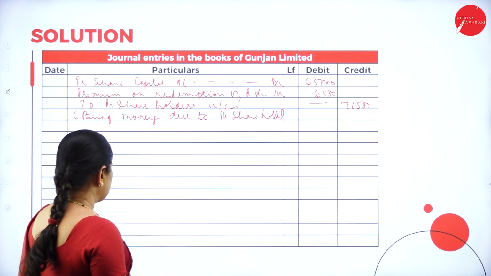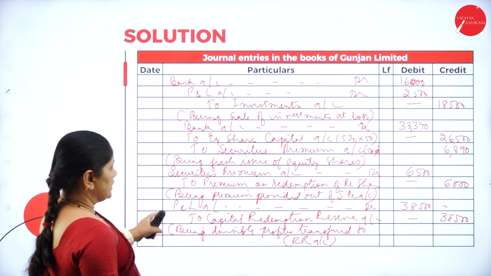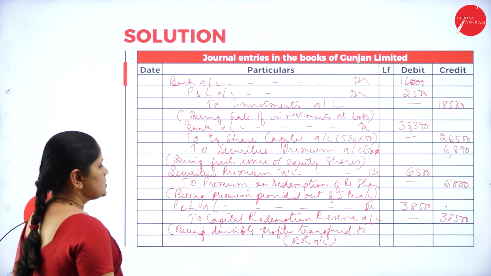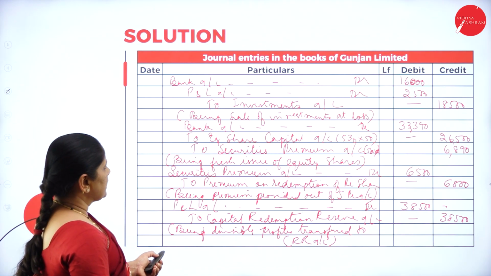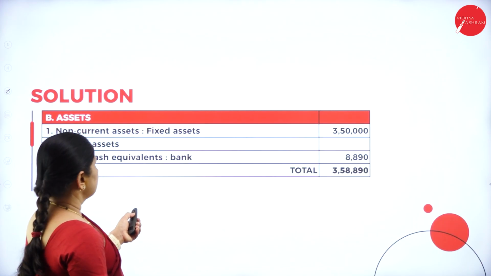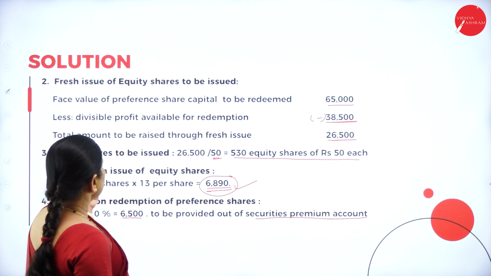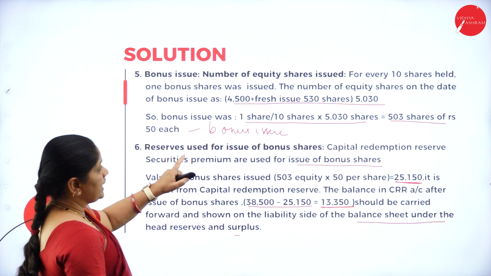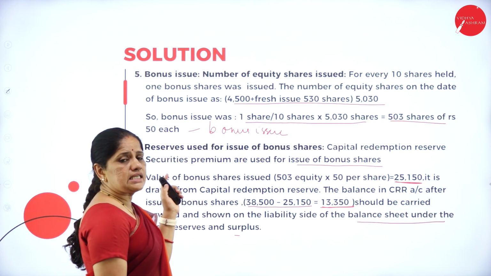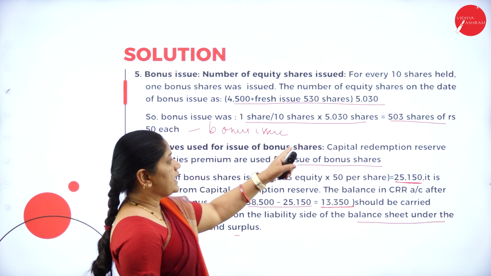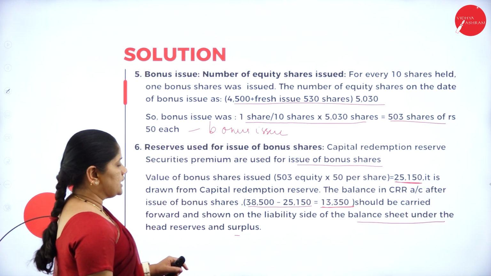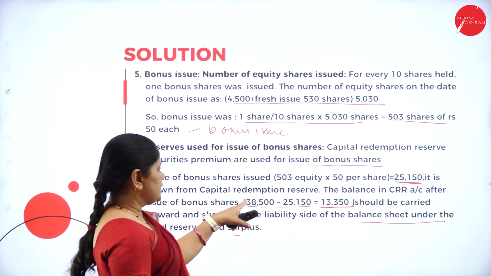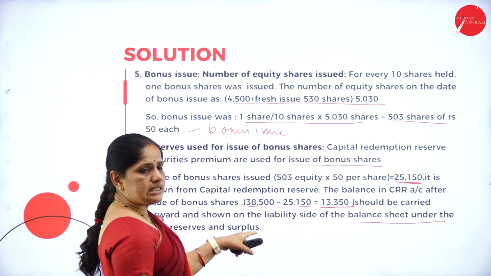Then the next entry will be, we are making use of the capital redemption reserve account. How much are we making use of here? If you can see in the working note, we have the bonus issue here. Out of this bonus issue, for every 10 shares held, we are issuing one bonus share. So 503 shares of rupees 50 each. That comes up to 25,150, which will be debited to the capital redemption reserve account.